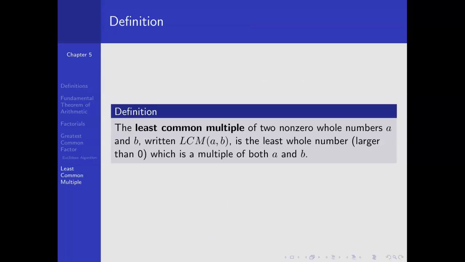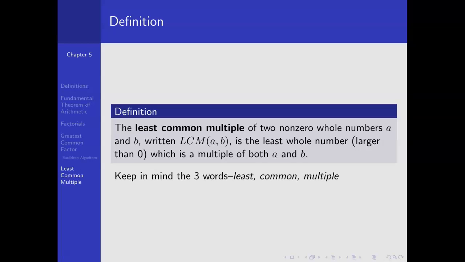All right, this brings us to our last section, which is about the least common multiple. The least common multiple of two non-zero whole numbers a and b, written LCM of a and b, is the least whole number larger than 0, which is a multiple of both a and b. So again, you want to keep in mind the three words least, common, and multiple.